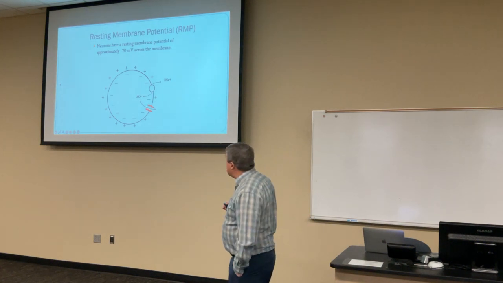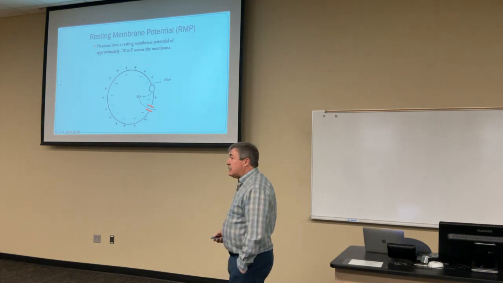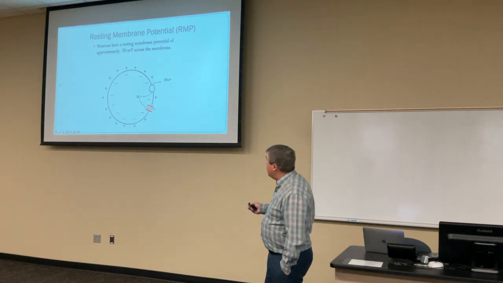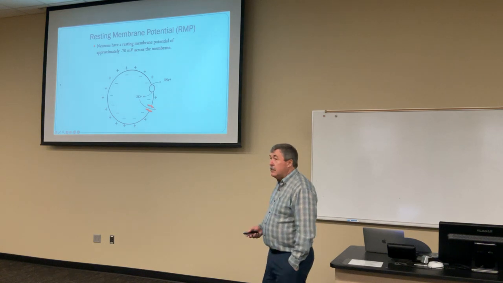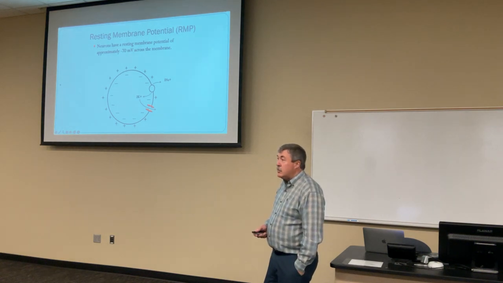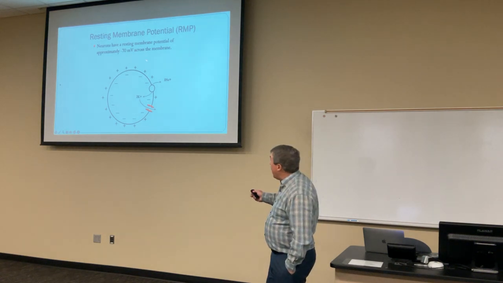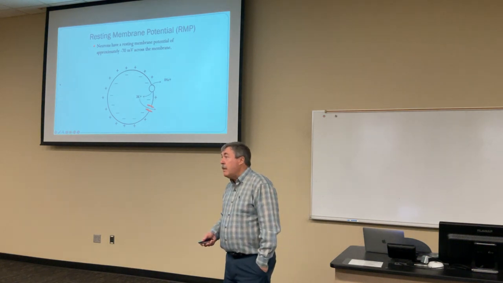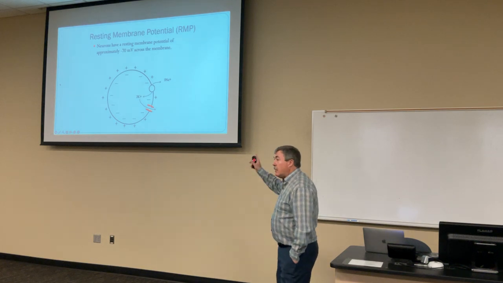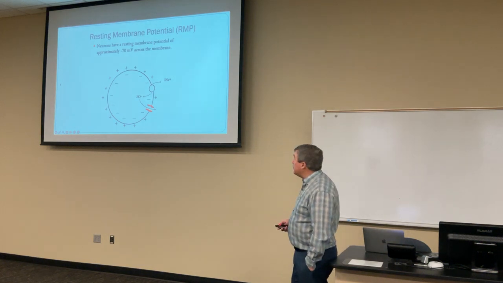So it's the diffusion of potassium out of the cell that causes the inside of the axon to be negatively charged. The positive charges on the outside are due to the excess of sodium that was put there by the sodium-potassium ATPase pumps.